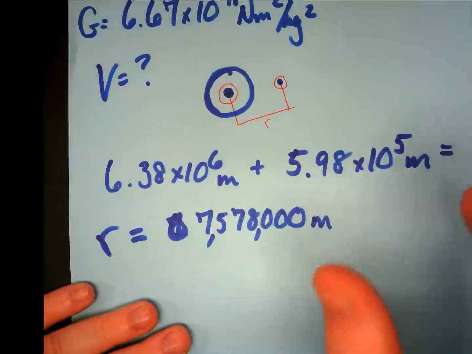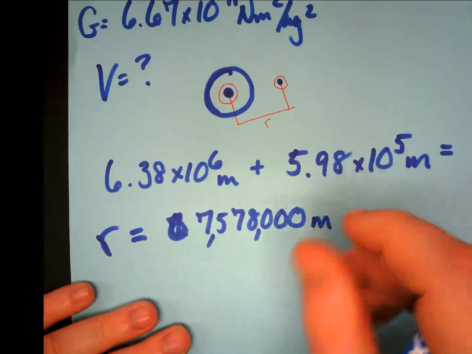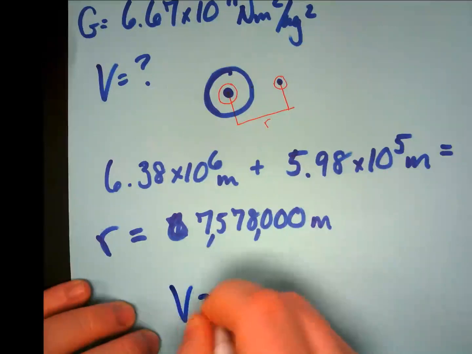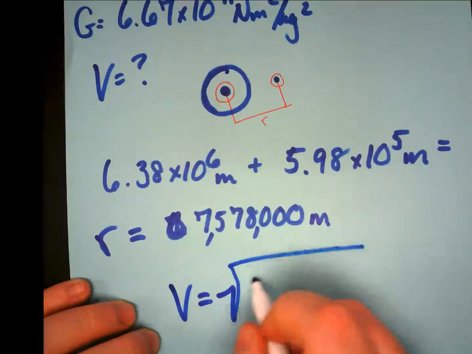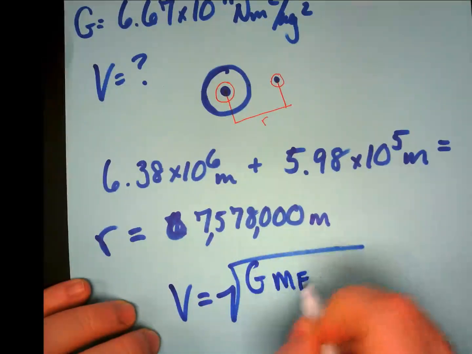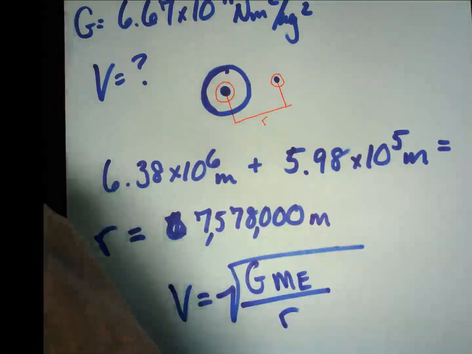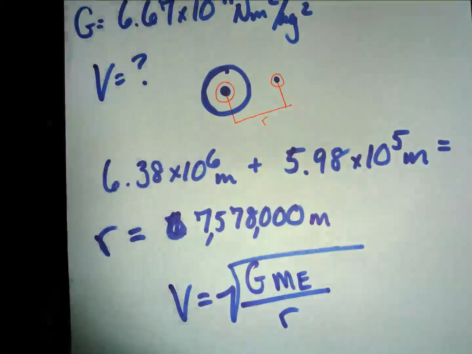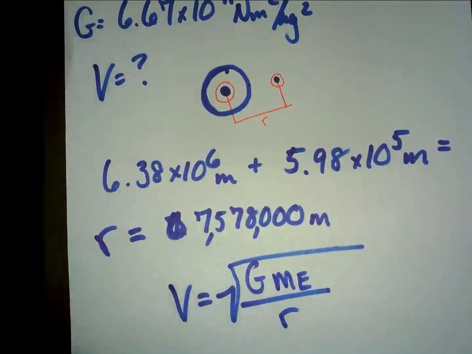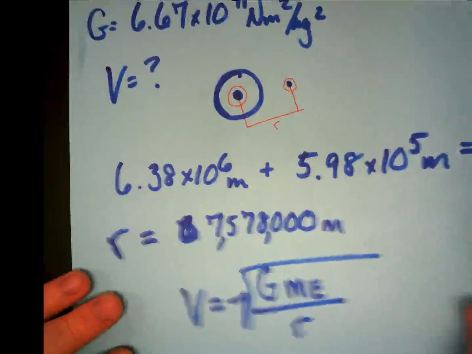Well, it's going to be that combination of equations that we talked about in the notes. The velocity is equal to the square root of big G times the mass of the Earth divided by the distance between the center of mass of the Earth and the center of mass of the Hubble telescope. Okay. That's what we're going to use. So let's plug in what we need to.